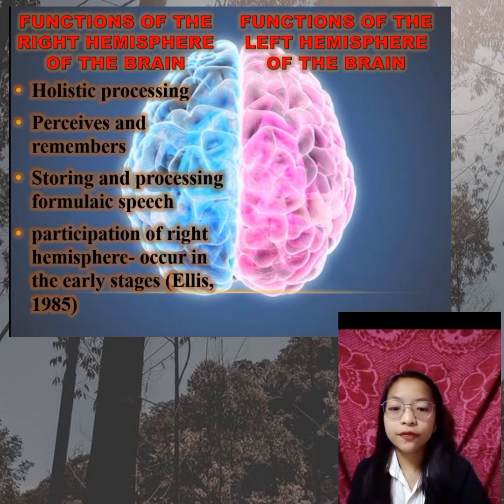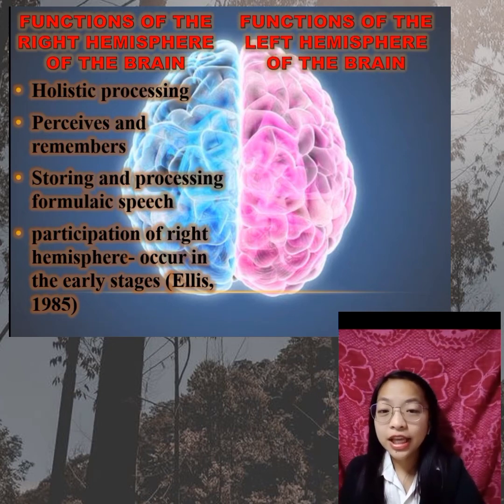Some examples of formulaic speech are idioms, rhymes, prayers, songs, and proverbs. The right hemisphere is also involved in the pattern practice in classroom second language acquisition, since it arranges them for the later left hemisphere examination.